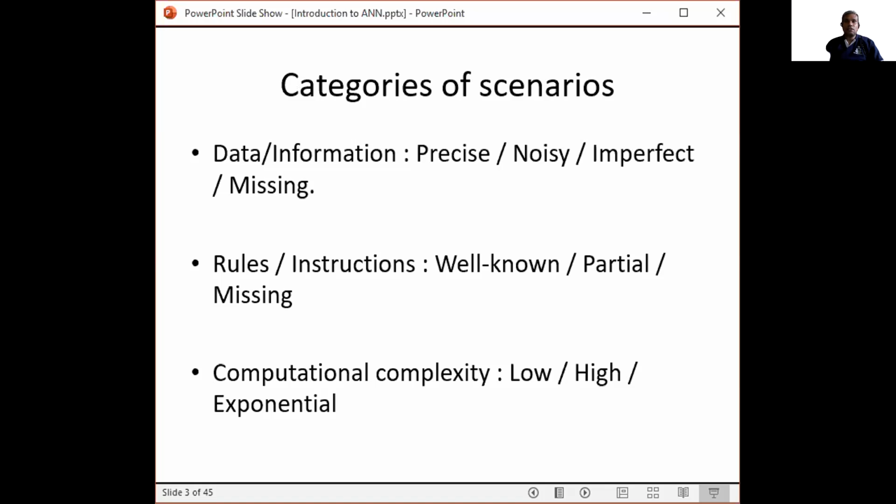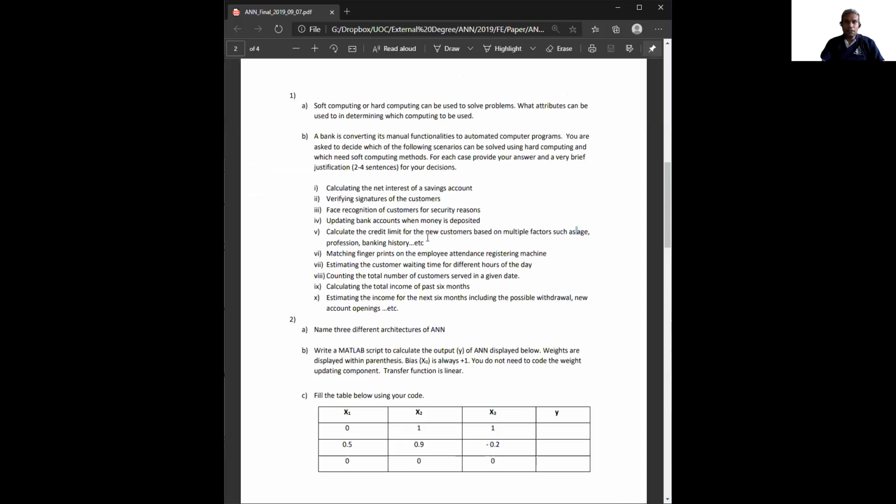Similarly, if you look at something like hand signature verification, again, it's not exactly identical signatures found by the same person. There can be some differences. Therefore, in that kind of scenario, you need to use soft computing techniques. So those are some of the attributes that can be used to identify which computing technique to use for different scenarios.